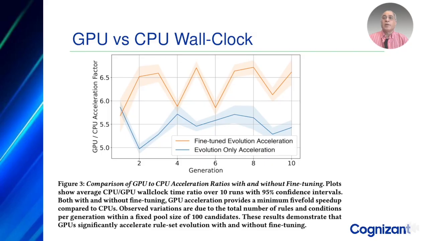Shaded areas reflect 95% confidence over 10 runs, with variation due to the rule complexity. And as datasets grow, these speedups will only become more pronounced. Bottom line, GPU acceleration significantly reduces wall clock time and scales effortlessly, fine-tuned or not.